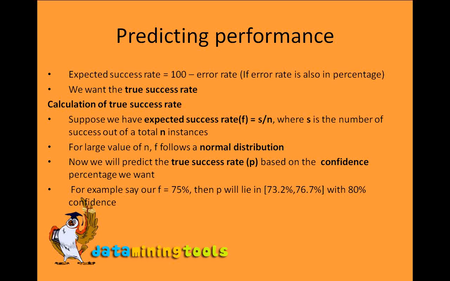For a particular confidence percentage, we want our true success rate range. For example, say our f, that is the expected success rate, is 75%, then p will lie in the range 73.2 to 76.7 with 80% confidence. So basically the parameters that will be given to us are f and the confidence range, and from that we need p, that is the true success rate.